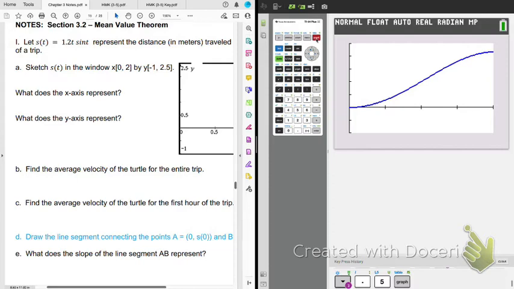Time. Which we're measuring in what? Seconds. Oh, minutes. Hours. Okay, because it says over the first 2 hours of the trip. So part 1, the x-axis represents time in hours. Therefore, what does the y-axis represent? Okay, distance in meters. Okay, and you sketch your little graph in there to make it look like this. I can't really because I'm kind of off to the side, but you will sketch yours in.